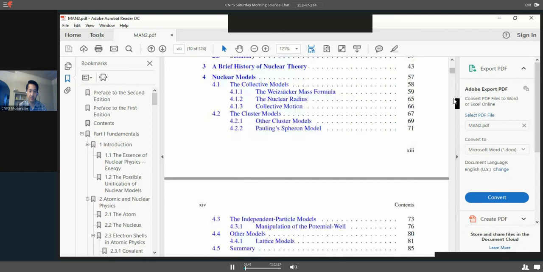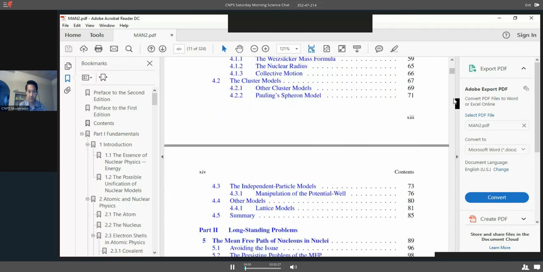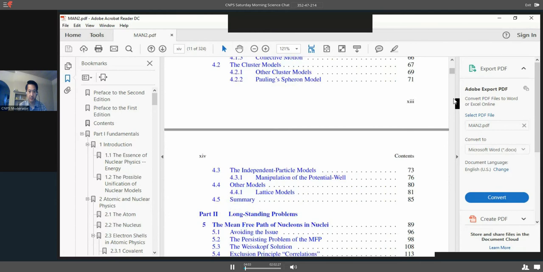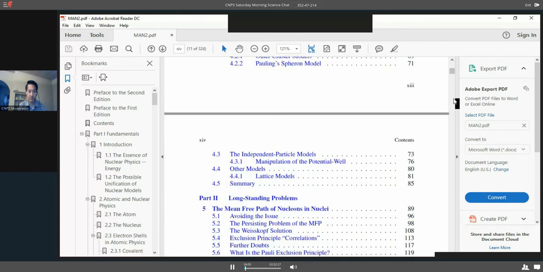Then there's a brief history of the nuclear theory. We have nuclear models, so they've got several models here: collective models, cluster models, independent particle models.